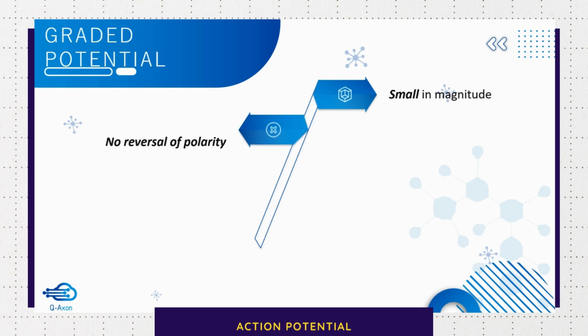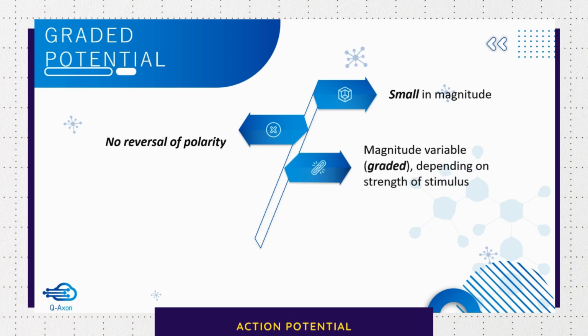There is no reversal of polarity. We saw that with the action potential, there is a reversal of polarity, but that doesn't happen here. Also, this is called graded potential because its magnitude varies in relation to the strength of the stimulus. We will shortly learn that this is not the case with the action potential, whose magnitude remains constant.